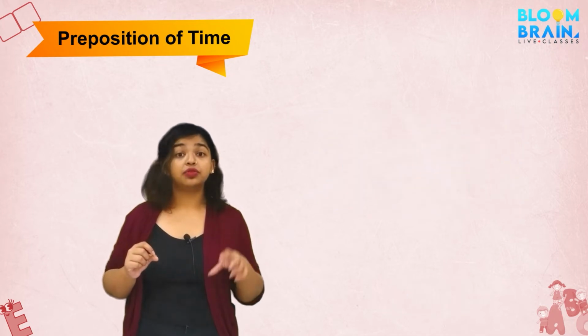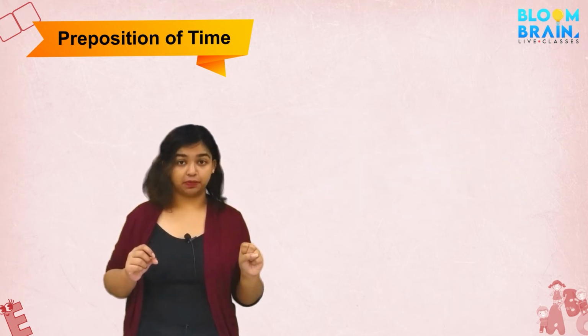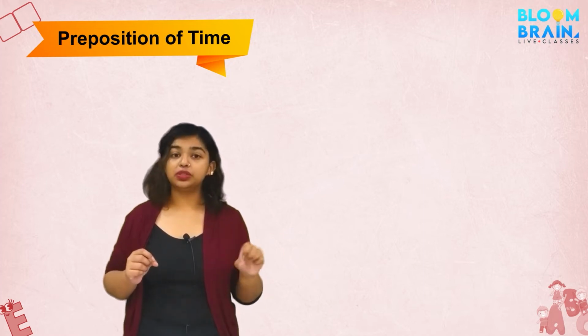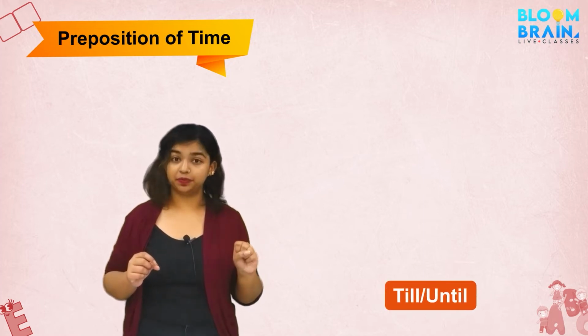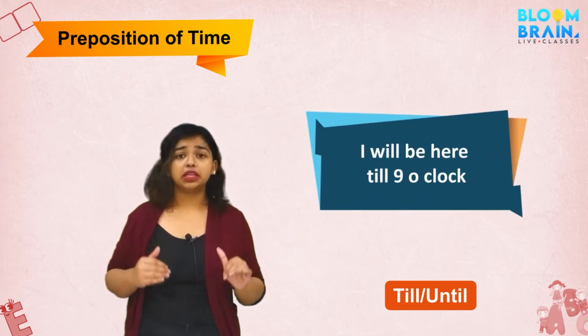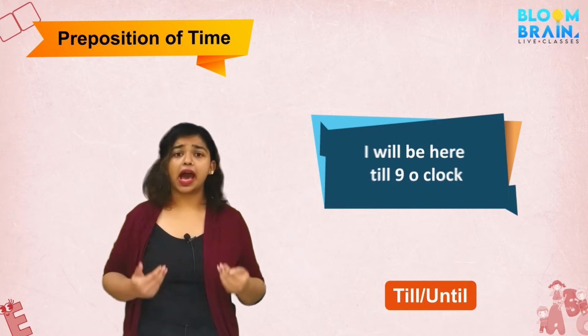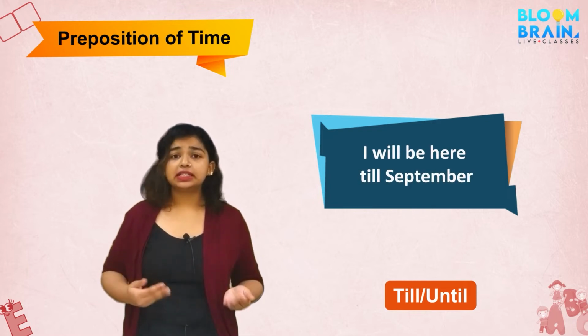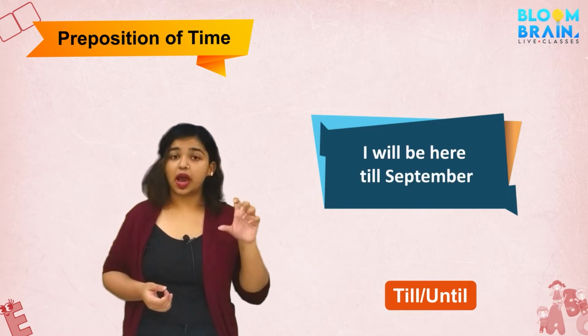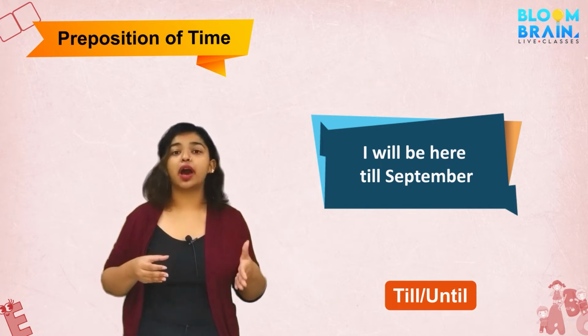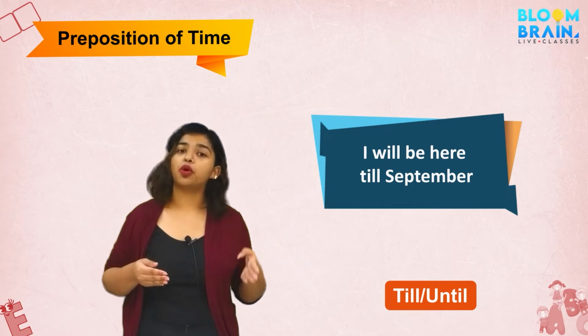When we have an ending point of time, then we are going to use till or until. So I will be here till 9 o'clock, or I will be here till September. Some action is going on and it is going to continue till that specific point of time.